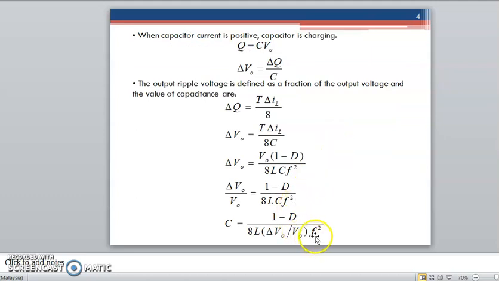As we can see, if F is increased, your C will decrease. The same goes for L: if we increase F, L can also be decreased. The smaller the component, the cheaper it could be, meaning more profit from your product or design.